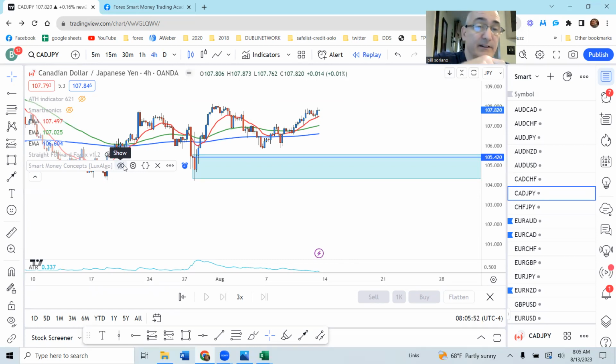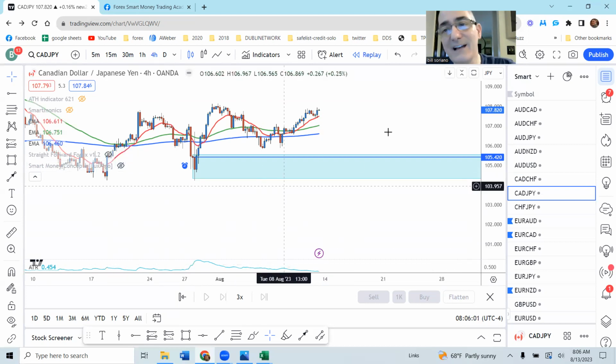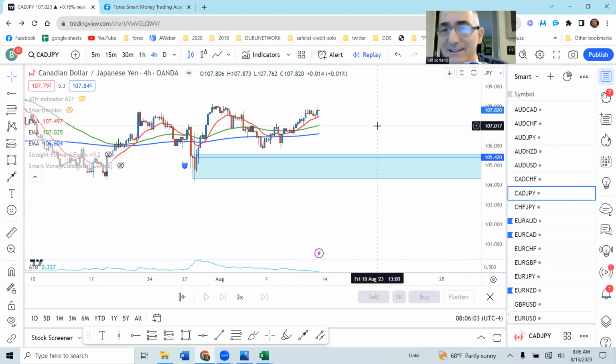Okay, so the indicator is very helpful, and like I said, I use it, but there's about 20% of the time where it just isn't making sense, right? And that's what most indicators do.